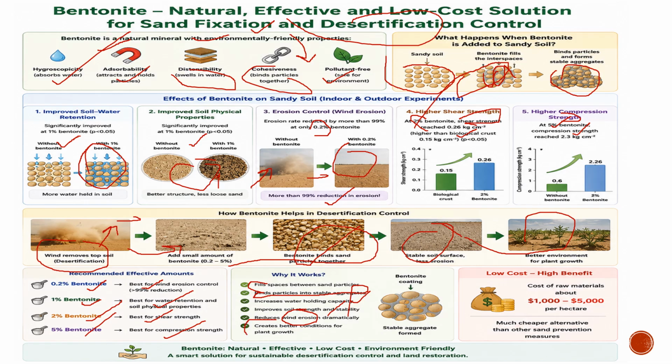Automatically, all these conditions favor better plant growth because of this coating of bentonite. It is also less costly compared to other raw materials. So bentonite is a natural, effective, low cost, environmentally friendly tool, which is a smart strategy for desertification control and to restore land so that the cultivable land there can be enhanced.